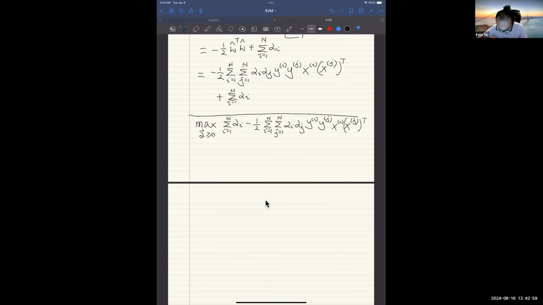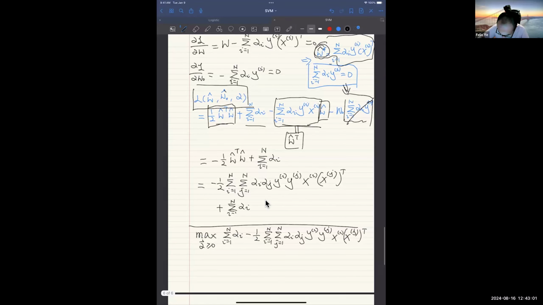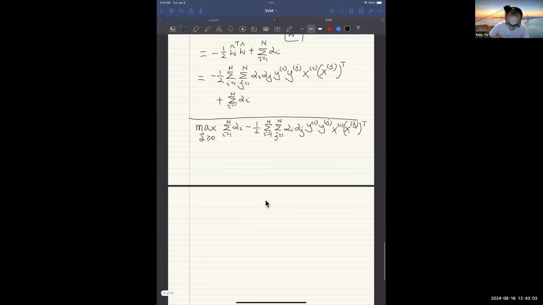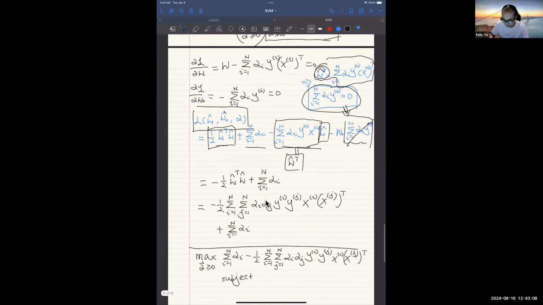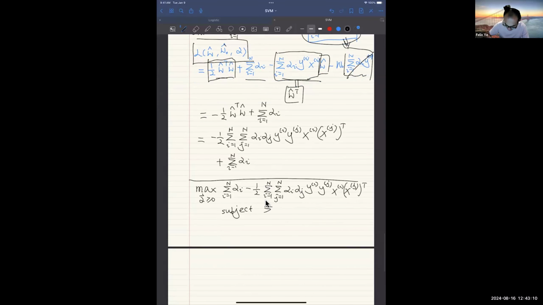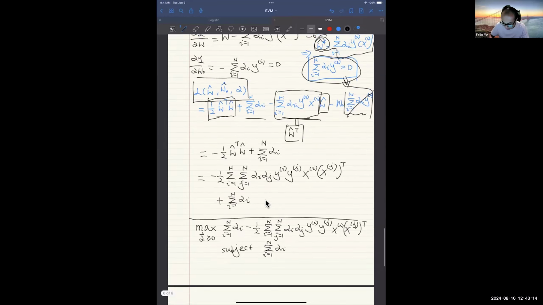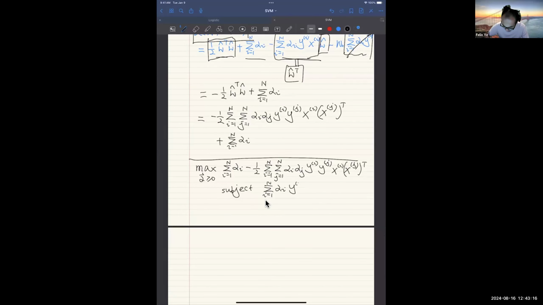And of course, we have one constraint that needs to be satisfied, subject to this summation of alpha i yi equal to 0. So this is something called the dual problem.